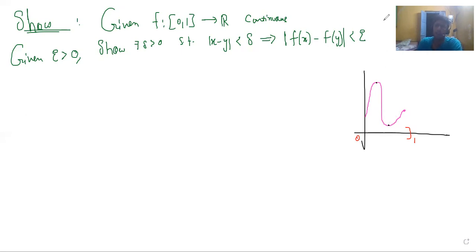Yeah, that seems like a way. So let's divide it at half. But I don't know how that will help you to find a delta that will work for all points.